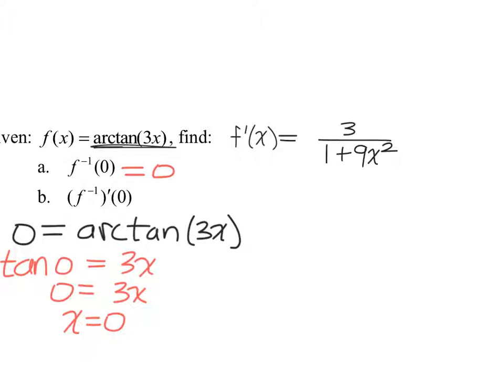All right, so I'm looking for the derivative of the inverse at 0. So f prime of this, which would be the same thing as f prime of this, because that's what we just figured out in part A, which is just telling me to plug in a 0 for x here, and when I do that, what do I get? 3.